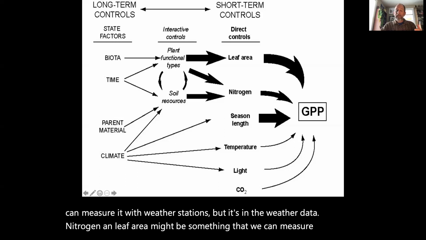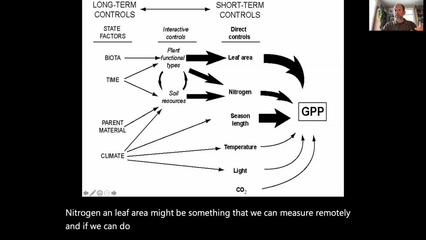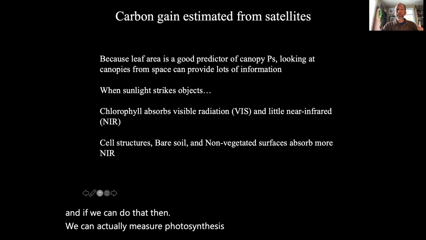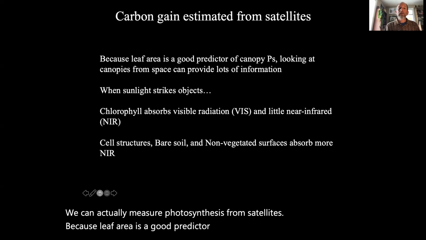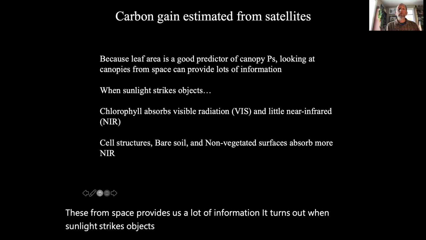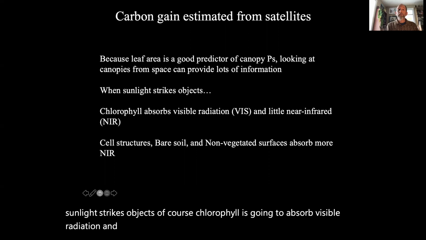And if we can do that, then we can actually measure photosynthesis from satellites. Because leaf area is a good predictor of photosynthesis, looking at canopies from space provides us a lot of information. It turns out when sunlight strikes objects, of course, chlorophyll is going to absorb visible radiation and little near-infrared radiation.